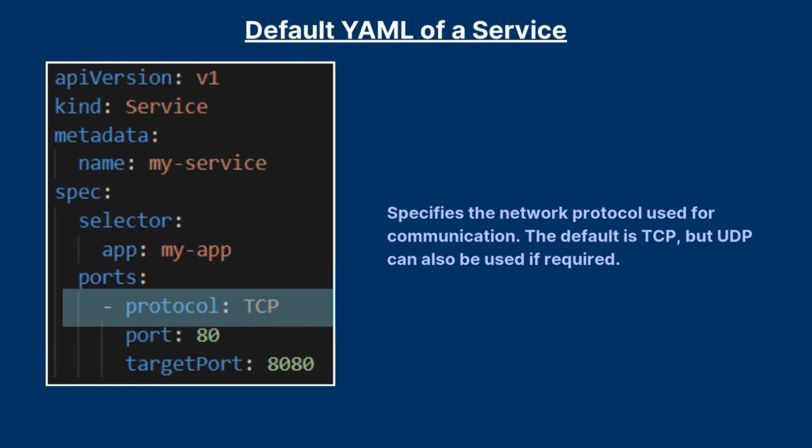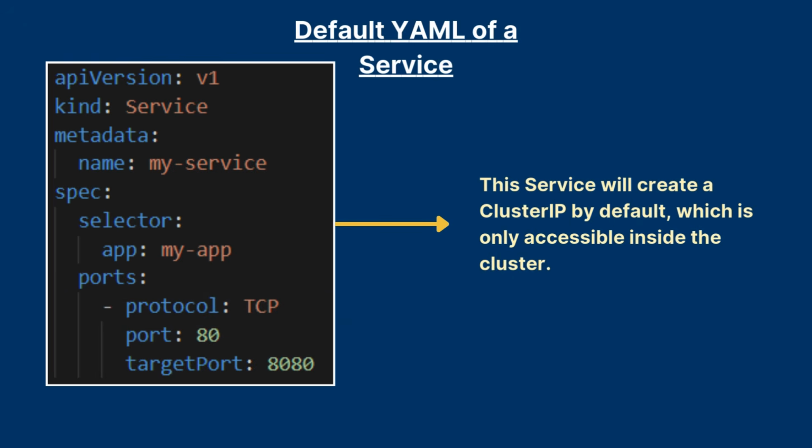Protocol, we are using TCP. This specifies that the network protocol used for communication is TCP. Well, the default is also TCP, but UDP can also be used if required. So at this stage, with this YAML, this service will create a cluster IP by default, which is only accessible inside the cluster.